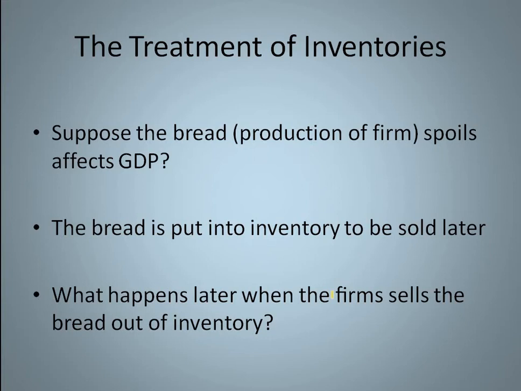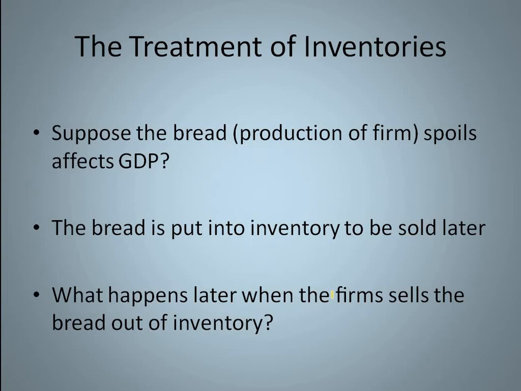The owners of the firm are assumed to have purchased the bread from the firm's inventory, and the firm's profit is not reduced by the additional wages it pays. The higher wages paid to the firm's workers raise total income, and the greater spending by the firm's owners on inventory raises total expenditure. The economy's GDP rises.